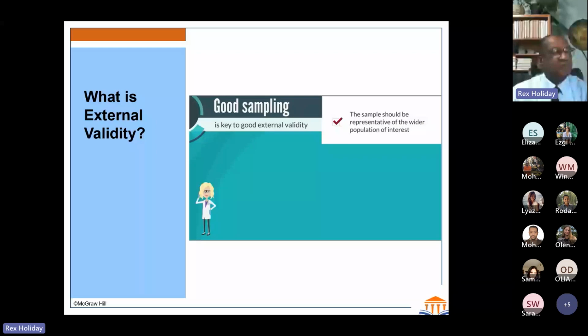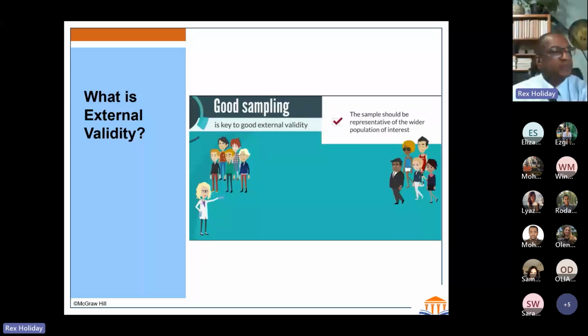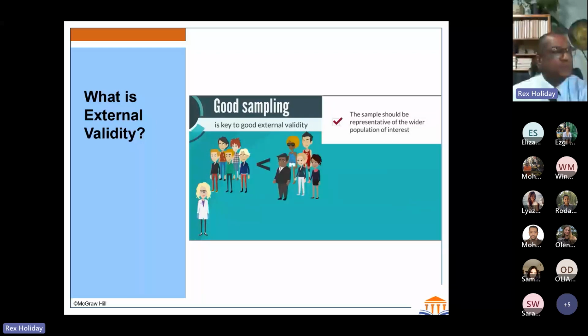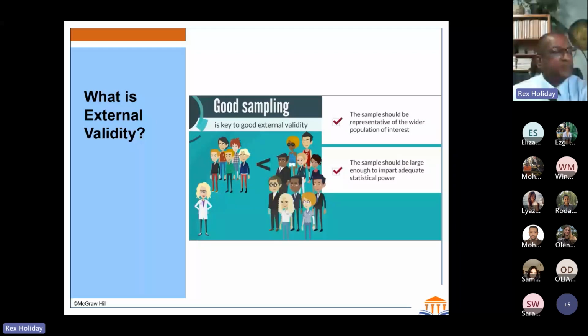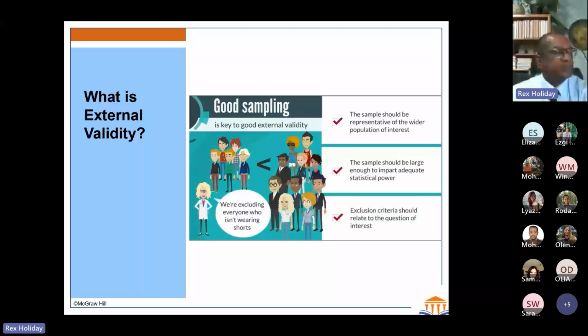If they only recruit male Caucasian university students from one hospital, their study will be less generalizable to the wider population than if they sampled from both genders across multiple ethnicities at multiple sites across the world. Secondly, a large enough group of individuals should be sampled to impart adequate statistical power. Thirdly, any exclusion criteria used in a study should relate to the question of interest. If the exclusion criteria are too strict, external validity will decrease.